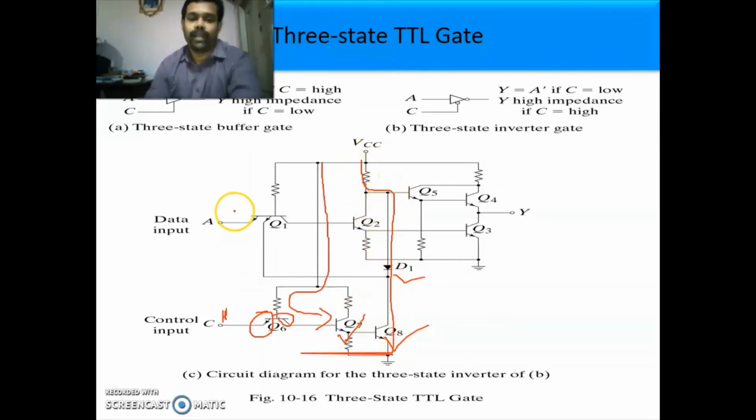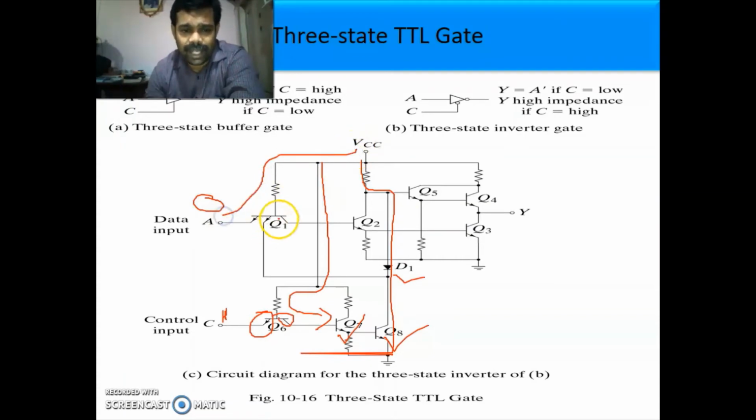Now we will be coming to the data side. When you are giving control input as 1, Q7 and Q8 are conducting, and the collector base junction of Q6 is also conducting. Now we are taking data as 0. Since we are taking data as 0, more current will flow in this direction, and the collector base junction of Q1 will not conduct, Q2 will not conduct, and Q3 will not conduct.